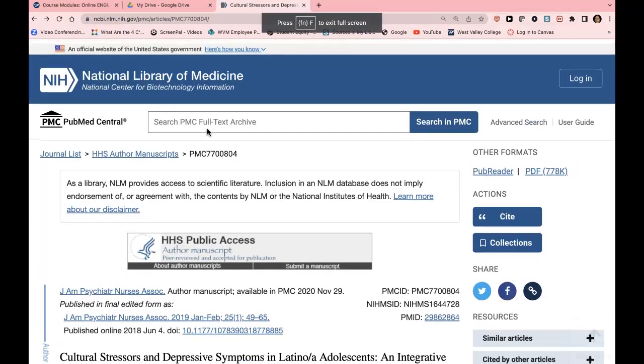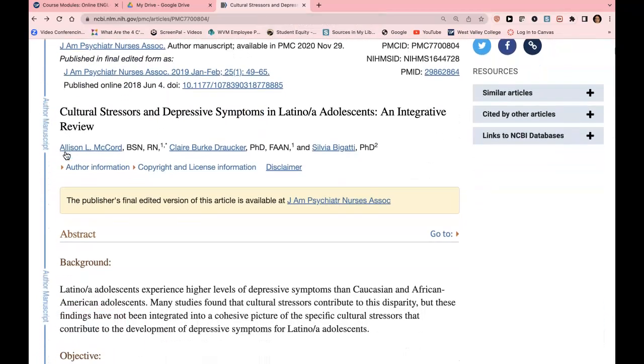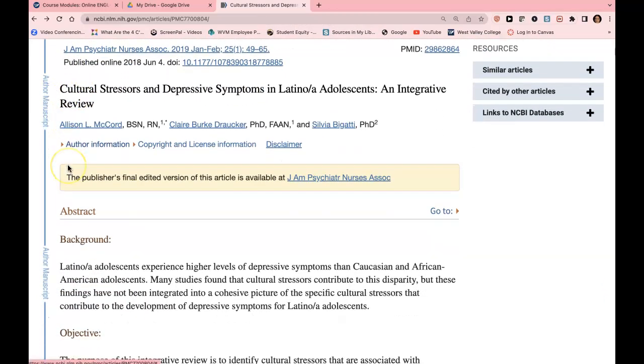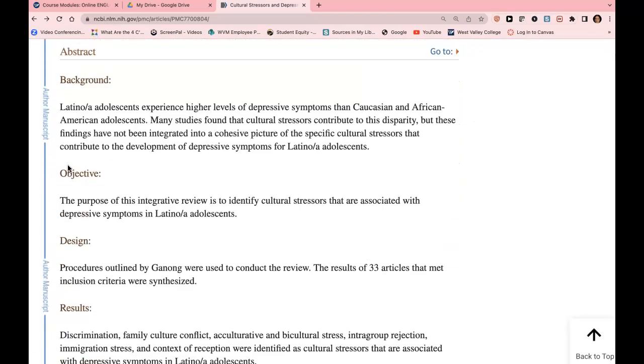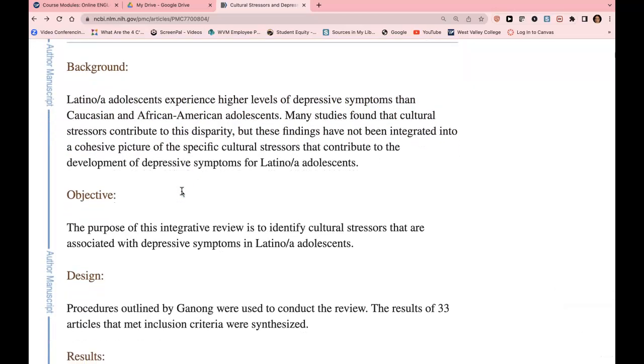This article is from the National Library of Medicine, and it had some information for me. Latina adolescents experience higher levels of depressive symptoms than Caucasian and African American adolescents. Many studies found that the cultural stressors contribute to this disparity, but these findings have not been integrated. Okay. All right, so I'm not going to use that one.